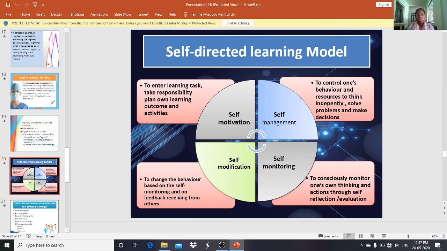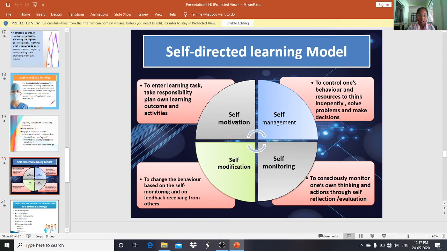Next, coming to the self-directed learning model. In that, we have to set self-motivation, self-management, self-modification, and self-monitoring. In self-motivation, to enter the learning task, take responsibility, plan one's own learning outcomes and activities, and control one's emotions. In self-management, to control one's behavior and resources, think independently, solve problems, and make decisions.